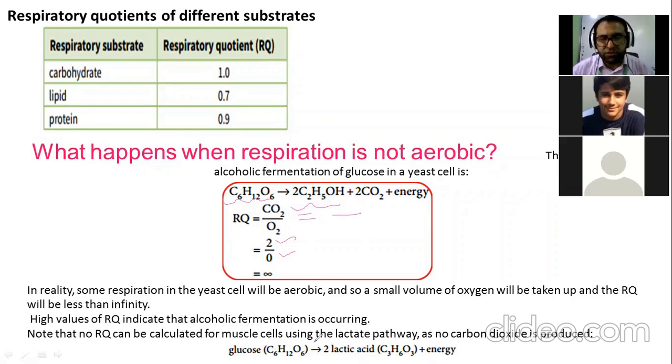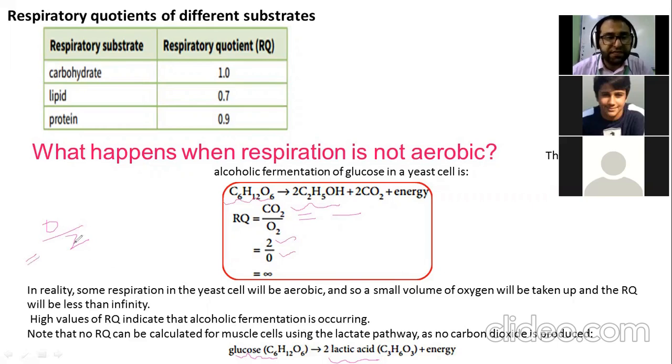Yes. For that, can you put this value in that? How will we put the value? Here, glucose is converted into lactic acid anaerobically, no oxygen is utilized, and no carbon dioxide is produced. Right? So if you put that value, it will be like this: 0 by 2, which is 0, indicating no carbon dioxide.